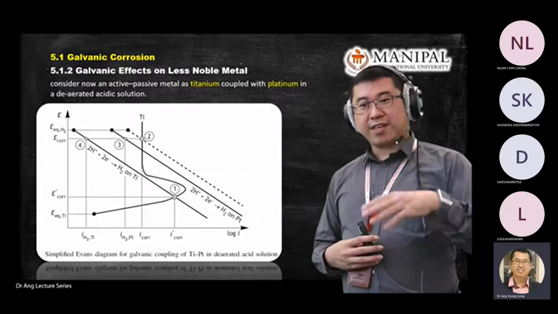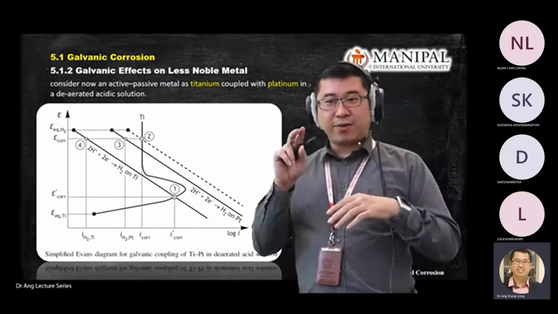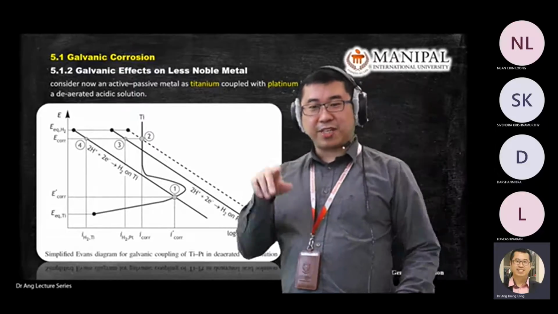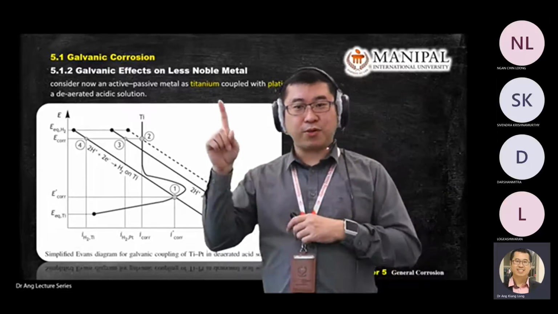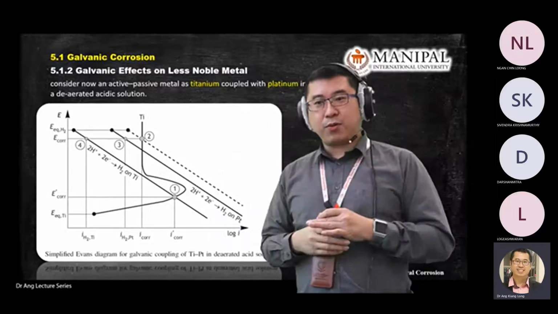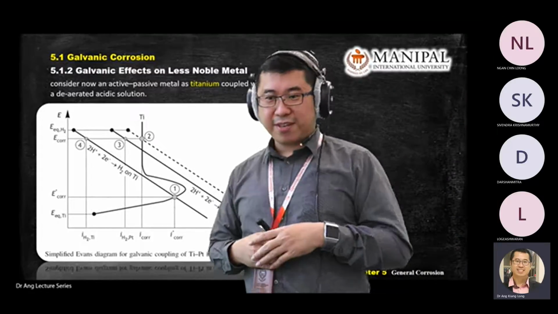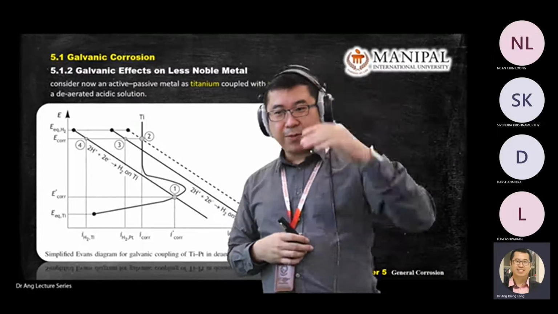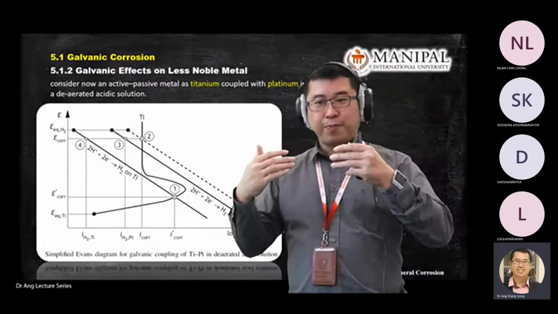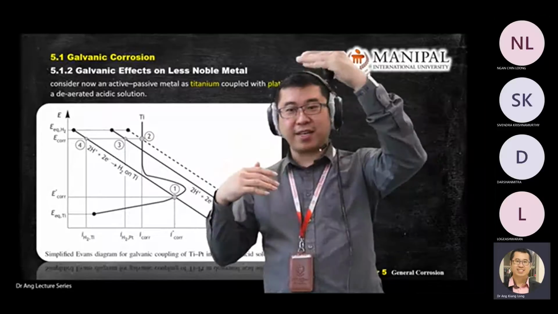There's one table that tells you the potential chart. You look at the table and then you look for Ti, titanium, and Pt, platinum, and you look at the value. Whichever is higher positive becomes the higher noble, right? Or by looking at the table, you know the higher one is at the top.